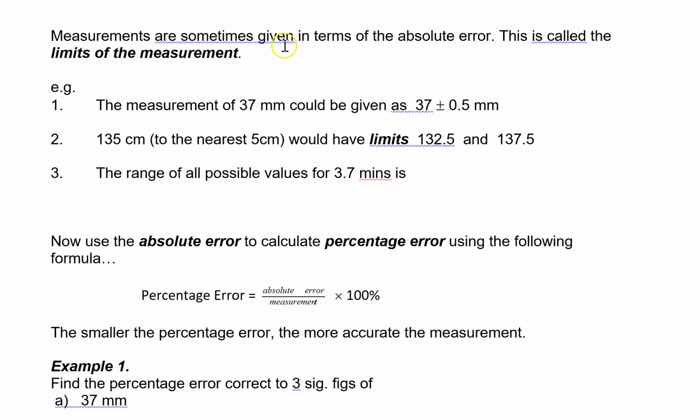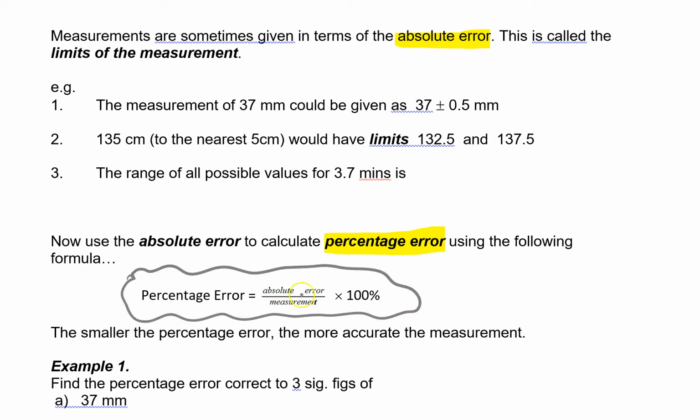There are 2 reasons for calculating the absolute error, and one, which I've already said, is when we're calculating percentage error, and we are using this formula. Percentage error is absolute error over the measurement times 100.